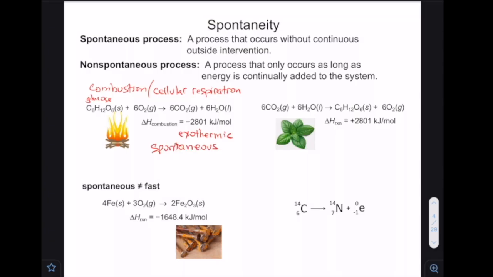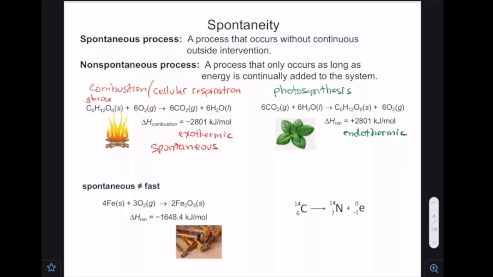The reverse of that process is non-spontaneous. Well, here's the reverse of that process. Carbon dioxide mixing with H2O to give us glucose and molecular oxygen. Although once again, you biologists out there will recognize that this is photosynthesis. It's the same reaction run in reverse. Photosynthesis is an endothermic reaction, meaning that we need the same amount of thermal energy, but now it's going into the system for this reaction to run.